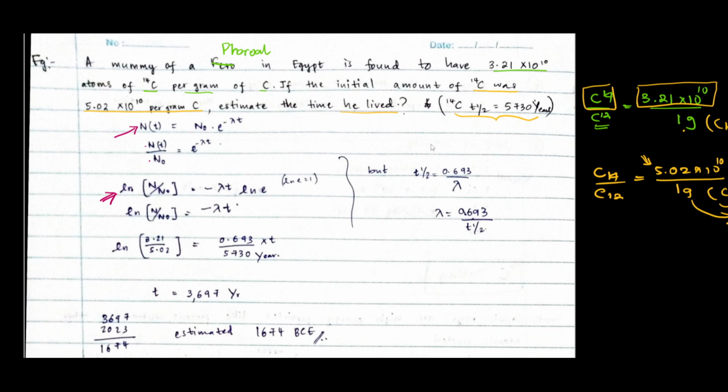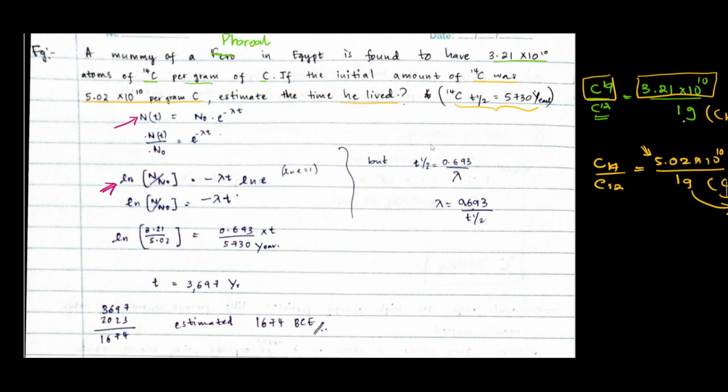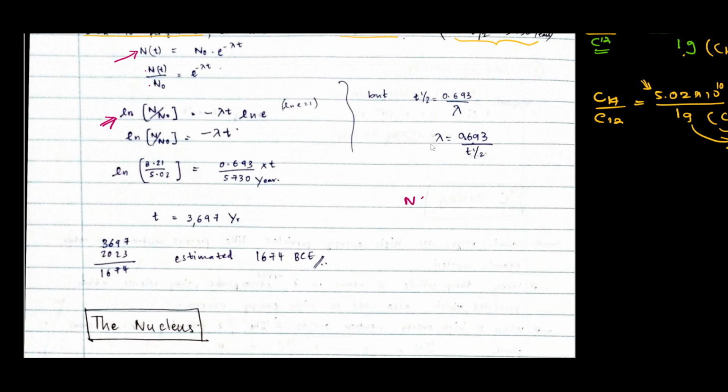Then we have ln of Nt over N naught is equal to minus lambda t ln e, taking the index in front. ln e is equal to 1.